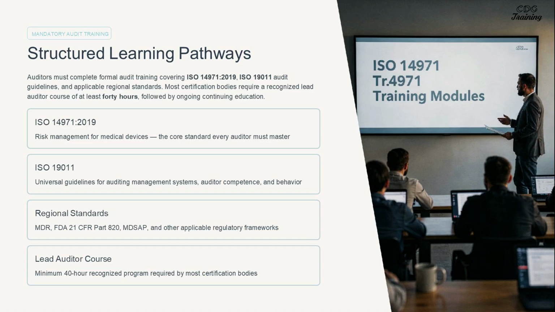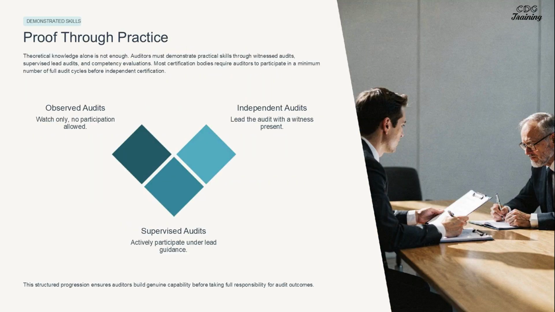Auditors must complete formal audit training covering ISO 14971:2019 and ISO 19011 guidelines. Structured learning pathways ensure auditors are well versed in the necessary standards and practices. Theoretical knowledge alone is not enough. Auditors must demonstrate practical skills through observed, independent, and supervised audits to build genuine capability.